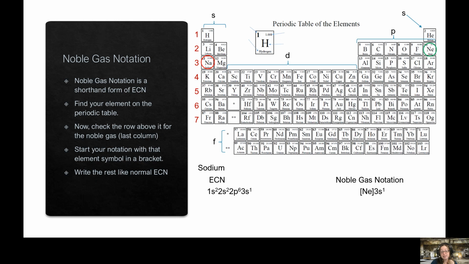So the Ne in the brackets represents all of this electron configuration notation up to the end of the 2p6. So everything from this 1s2 to the 2p6 is represented by that bracket Ne, because neon has the electron configuration notation of 1s2, 2s2, 2p6. So that's like telling somebody a shortcut. And it's much easier to write noble gas notation than it is to write out the entire electron configuration notation.